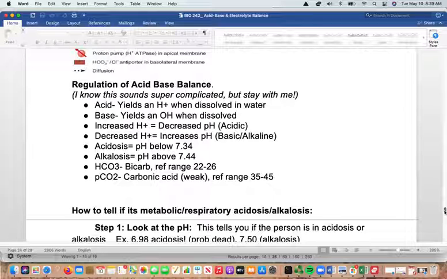So acidosis is when the pH falls below 7.34. Alkalosis is when the pH is above 7.44. So that number is not exactly 7 because remember the blood range wants to be 7.35 to 7.45. So the bicarbonate reference range is 22 to 26, and the pressure of carbon dioxide reference range is 35 to 45.